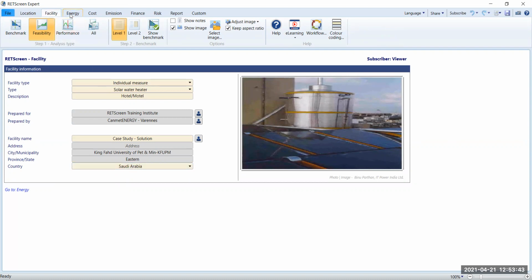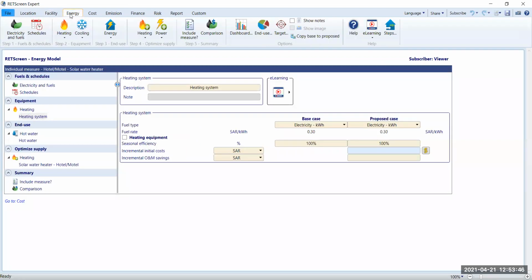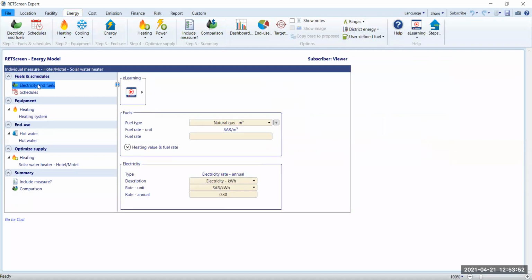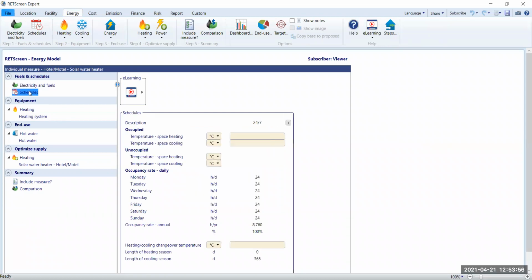And then talking about energy, this is where you are going to go through these units one by one. Electricity and fuels, the price for the electricity is placed here. We said that we're going to operate 24 hours. Here you can specify, for example, certain hours on Monday, fewer hours on Tuesday, more hours on Sundays.